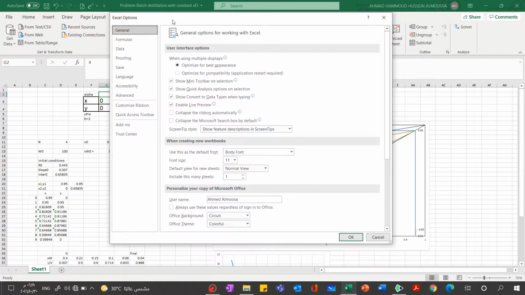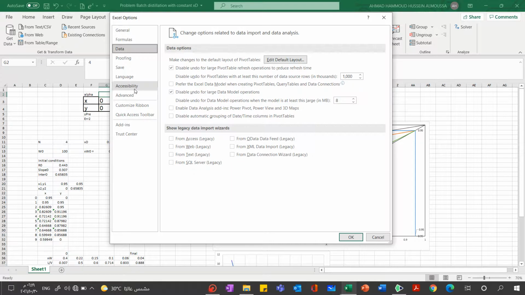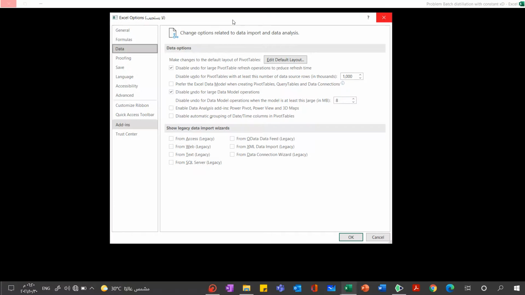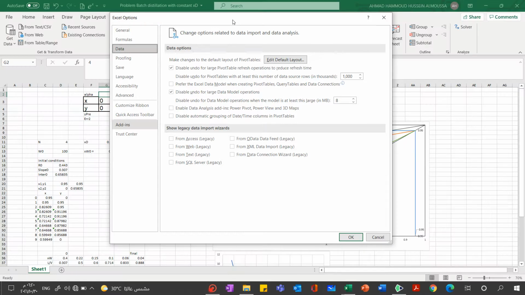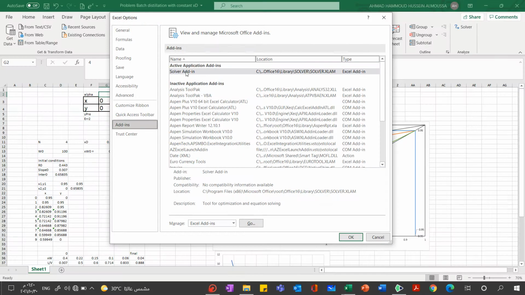Then go to the data, not data, add-ins. Go to the add-ins. After that, when you go to add-ins, you will see this Solver add-in here in this place.